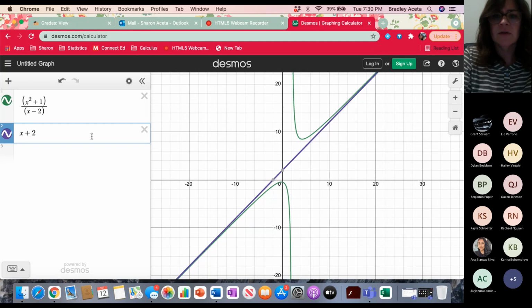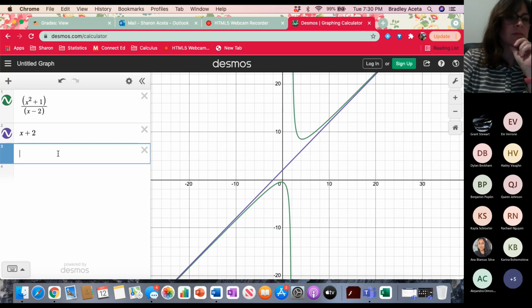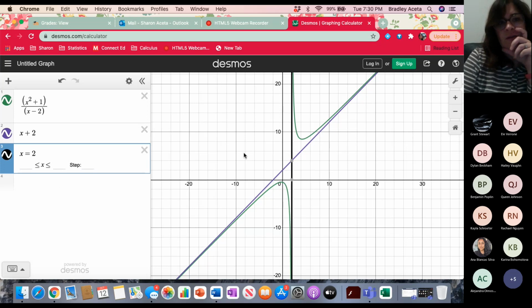X plus 2. Look at that line right there. That's my slant. See that purple line? And I'm even going to put my vertical asymptote. Let's see, what's that? X equals 2. And then look at that. I did it on the money. And that hook is now inside. That's what happens with a slant asymptote.